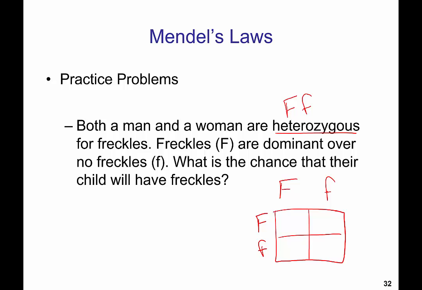So to work this, we're dropping down these alleles. So this one comes here. So does this potential child here represent having freckles or not? A big F is homozygous dominant, which would have freckles.